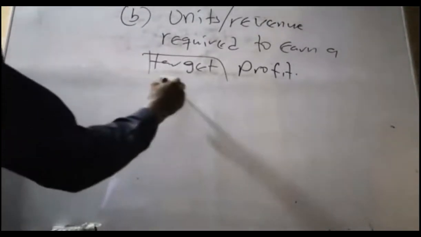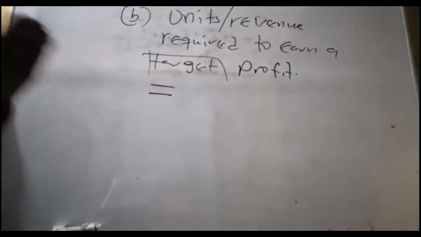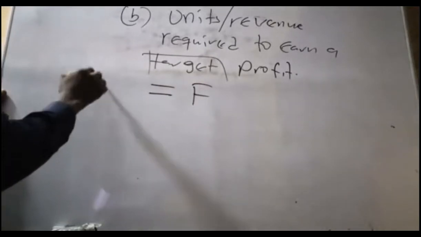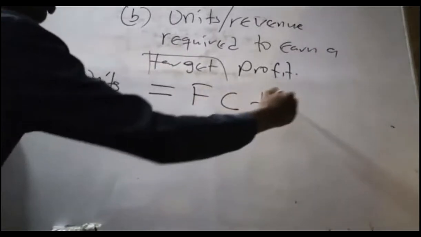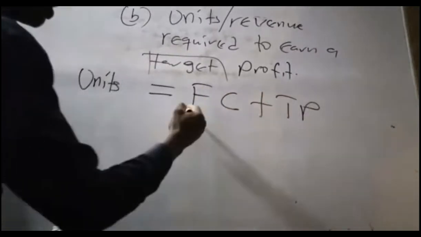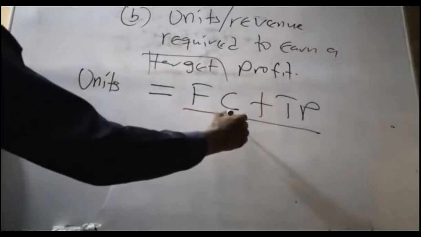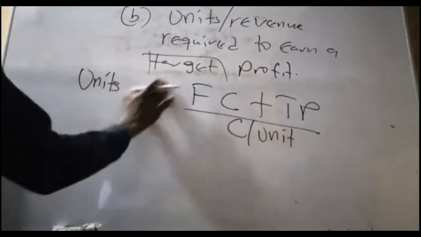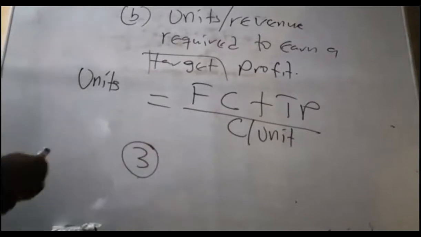So that one, the formula will be like this. Just put the formula like this. Tell the examiner that still it is the fixed cost. If you are looking for the unit required, it will be the fixed cost plus your target profit, all divided by your contribution per unit. That is all. They've asked this question 3 consecutive times.